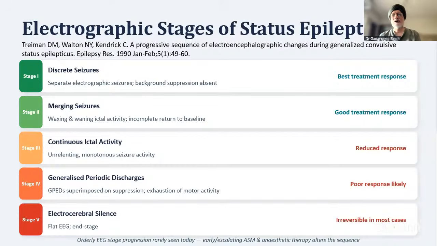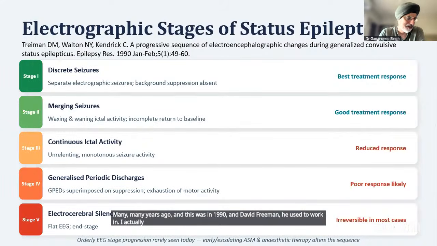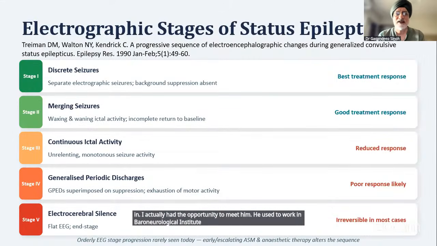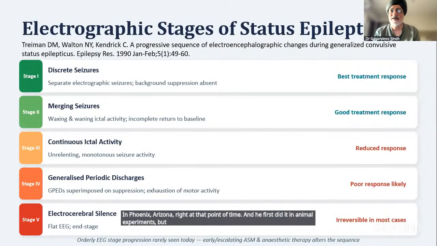Right. So many years ago, in 1990, David Freeman, I actually had the opportunity to meet him. He used to work in Barrow Neurological Institute in Phoenix, Arizona at that point of time. He first did it in animal experiments, but then he demonstrated these sequential electroencephalographic stages of generalized status epilepticus.